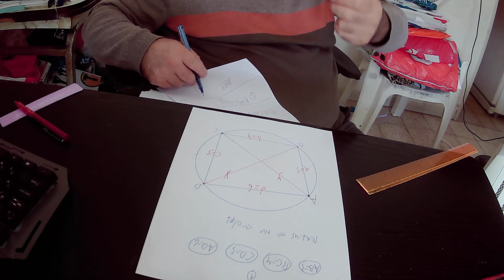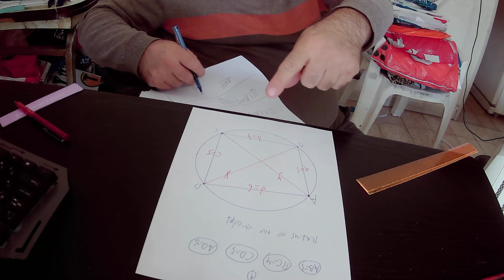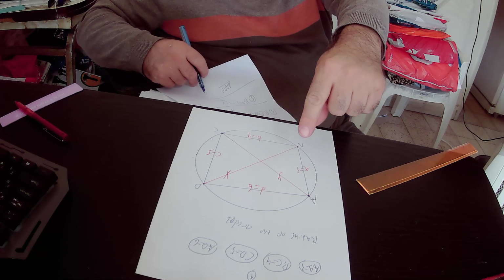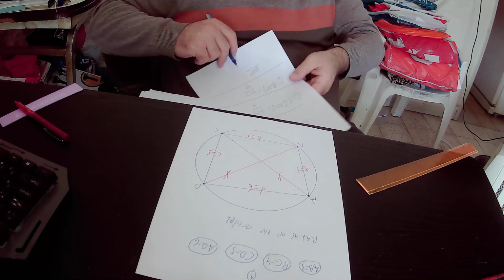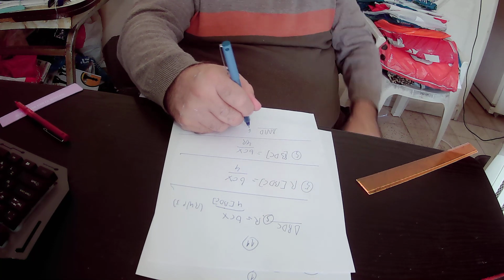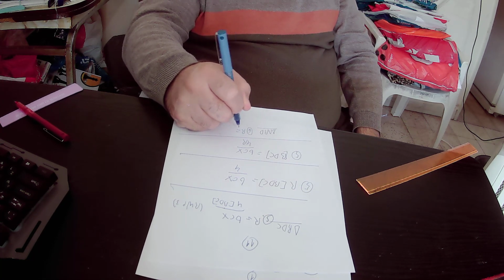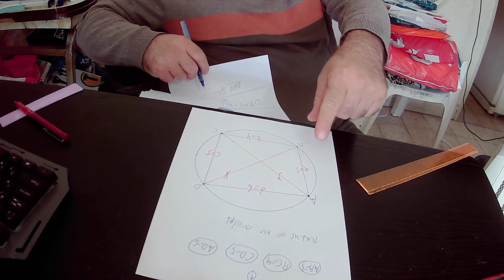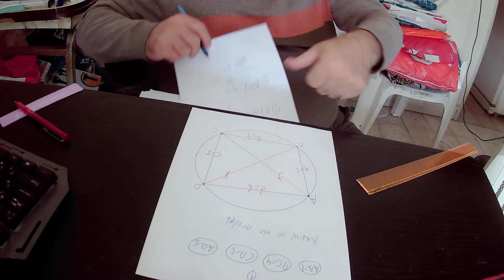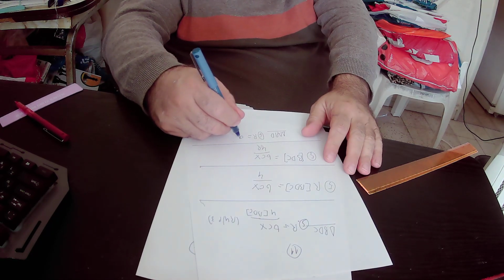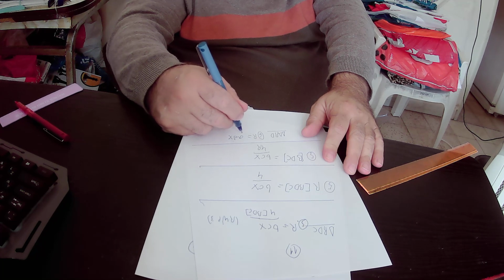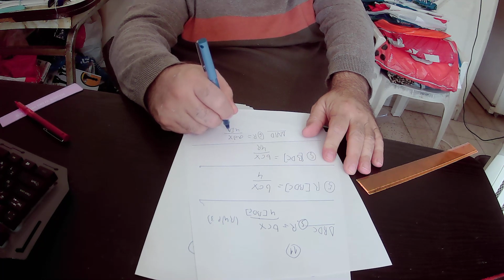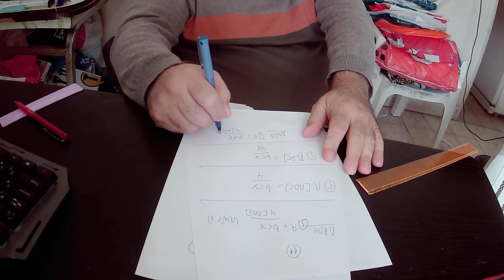Therefore, according to rule number 3, the radius of this blue circle that circumscribes triangle ABD will be equal to the product of triangle ABD's sides, that is to say, A times D times X over 4 times the area of triangle ABD. That is according to rule number 3.